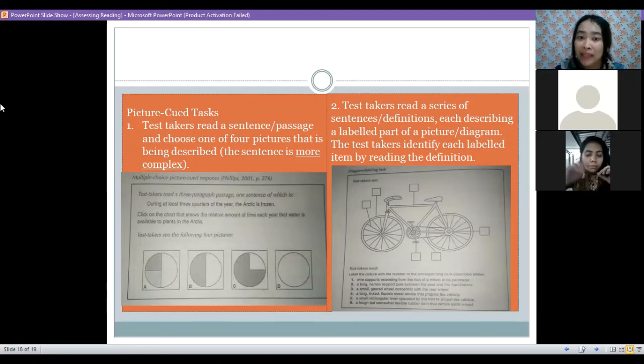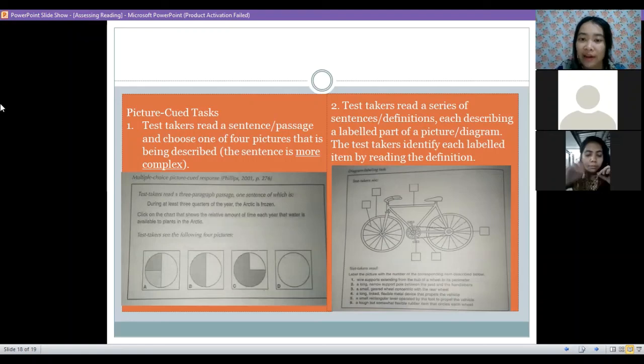And then the second method is that test takers read a series of sentences or definitions, each describing a labeled part of a picture or diagram. The test takers identify each labeled item by reading the definition.